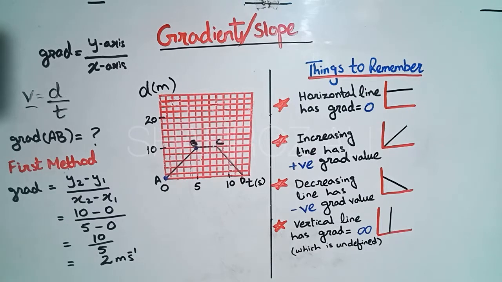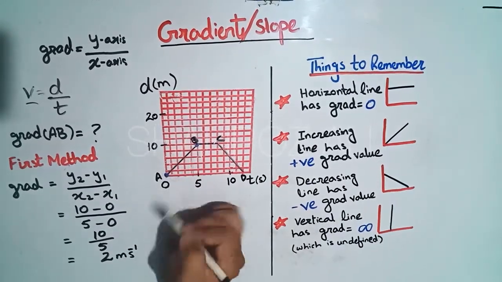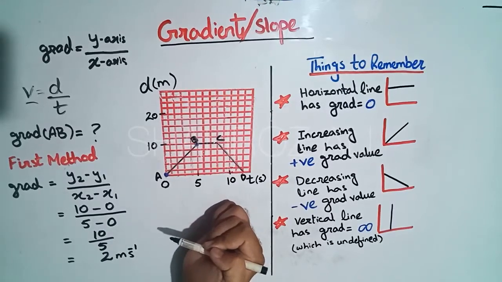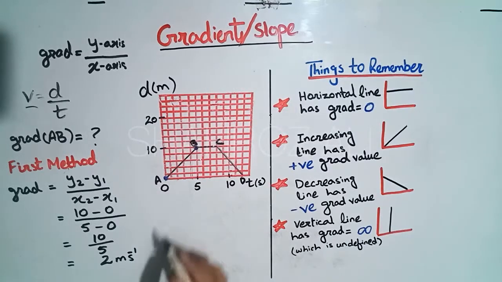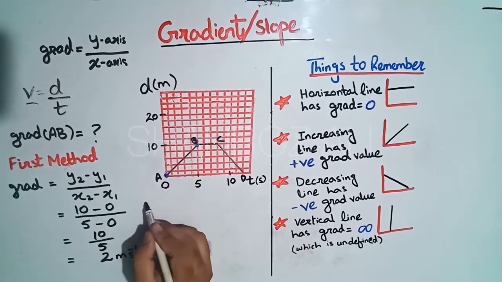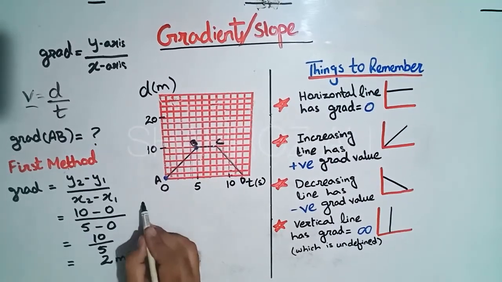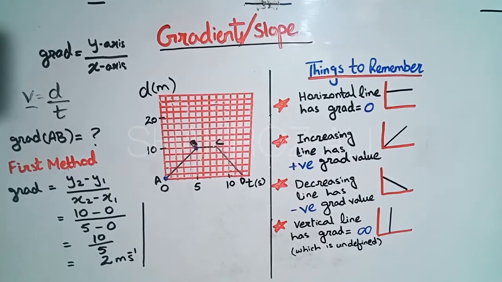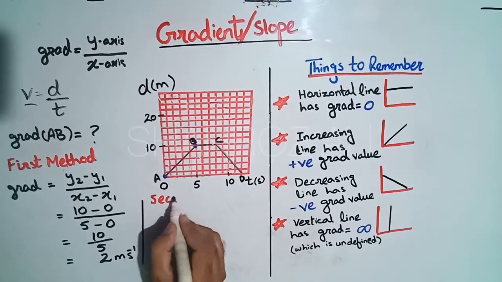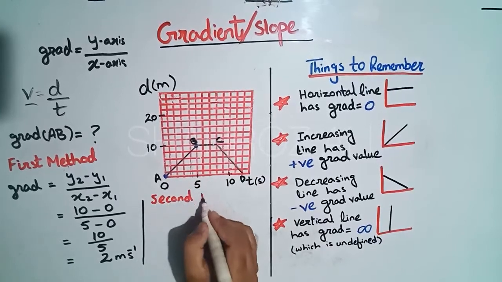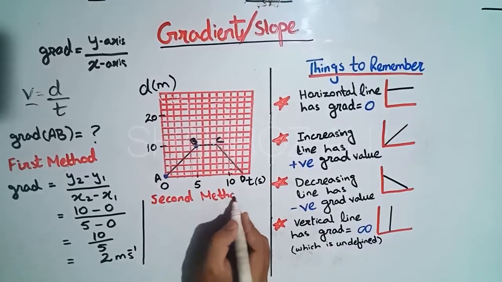Now if you want to see the second method for the same line, you have to take these points similarly. Let me write here the second method, which is very easy.